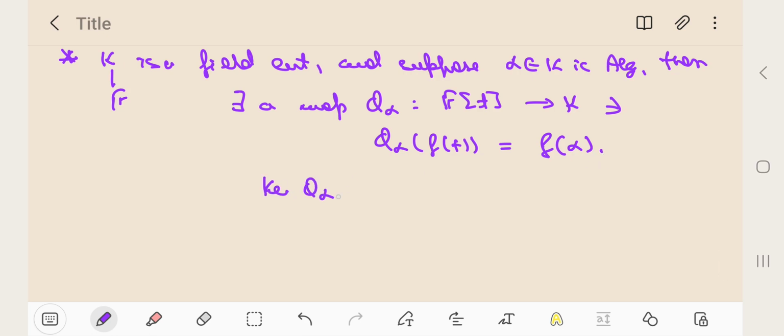The kernel of this map will be non-zero, and the reason for this we have already seen, because there exists some polynomial such that that polynomial evaluated at alpha must be 0, and the polynomial itself is a non-zero polynomial.